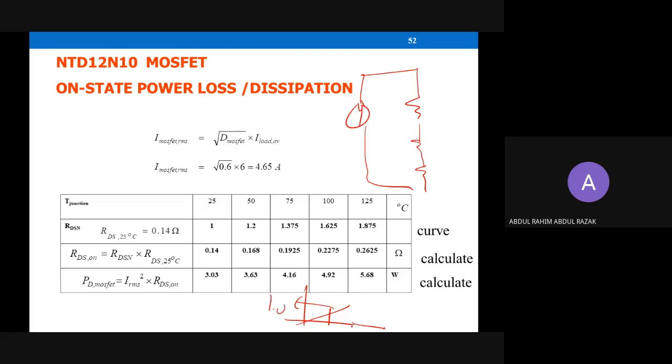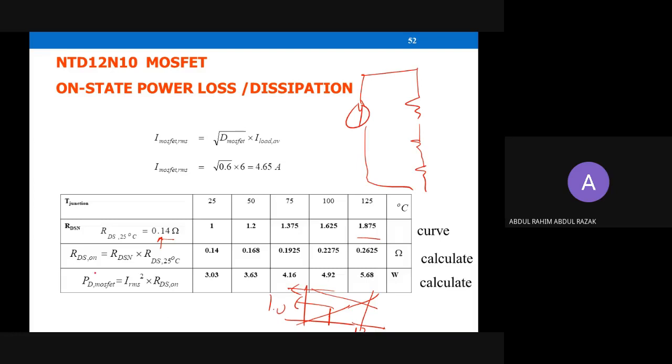If we use it at a temperature above, let's say a maximum of 125, the normalized value is no more 1.0. The normalized value becomes 1.87 or so. That means you have to multiply by 1.87, the normalized value. That's why we have RDS on as the normalized value times RDS at this value. So this is RDS at this value, 0.14. This is your normalized factor.